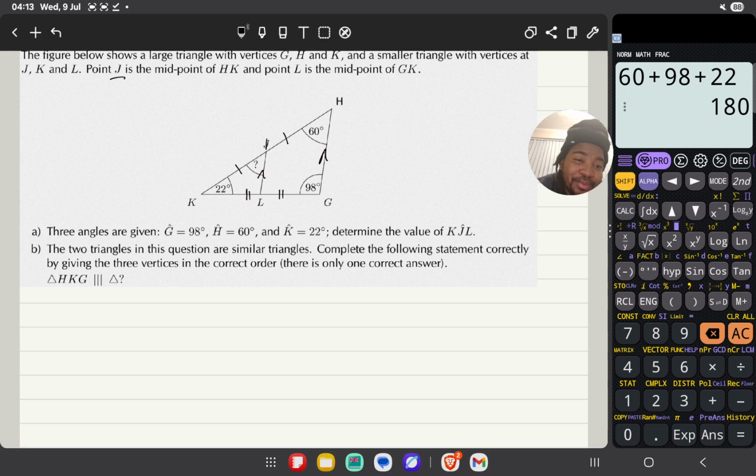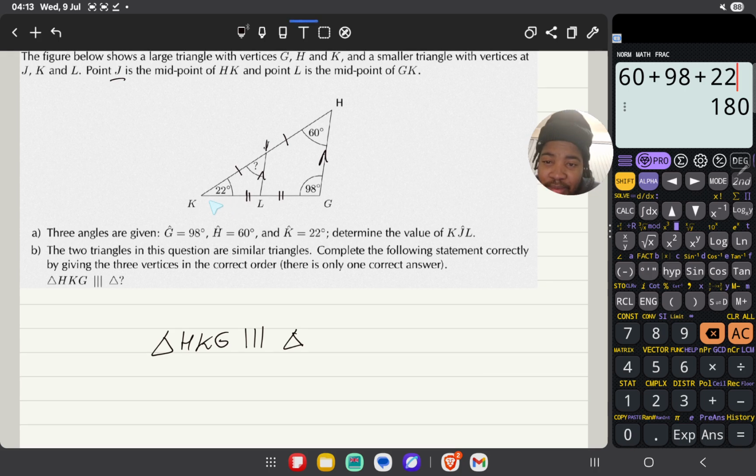So remember, I think I emphasized this idea when we were talking about congruency, that the order has to be proper. So of course they agree with us that the two triangles are similar, so now you have triangle HKG being similar to triangle. Now we have to put in the letters, but we put them in such a way that it has to be proper. So let me remove all the letters.